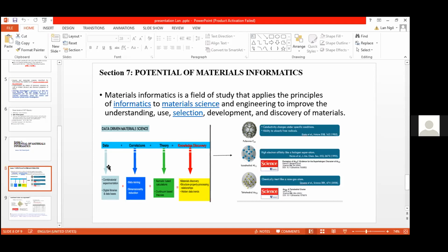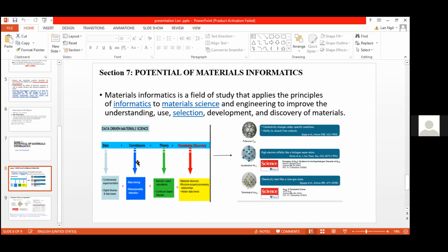We collect the data and combine it with experiment. Then we find correlations by minimizing the data through dimension reduction, and then combine it with theories, by atomistic-based calculation or continuum-based theory.